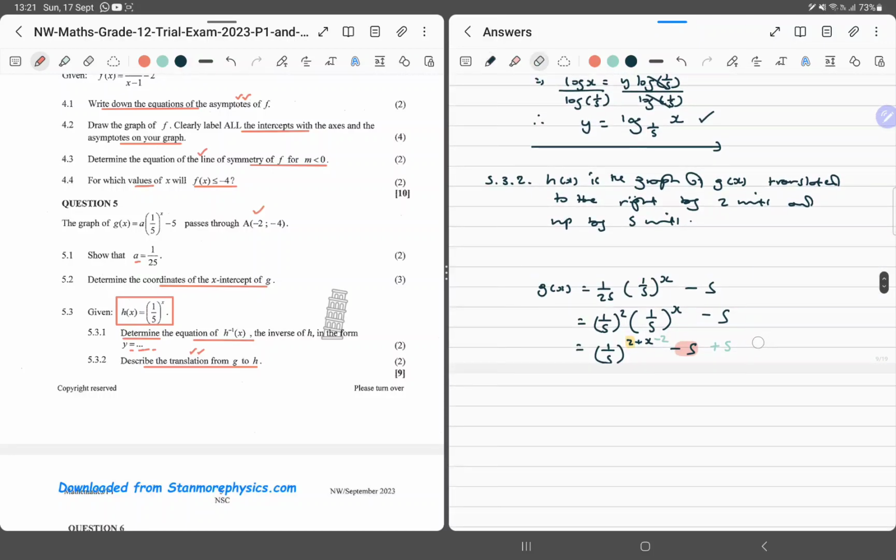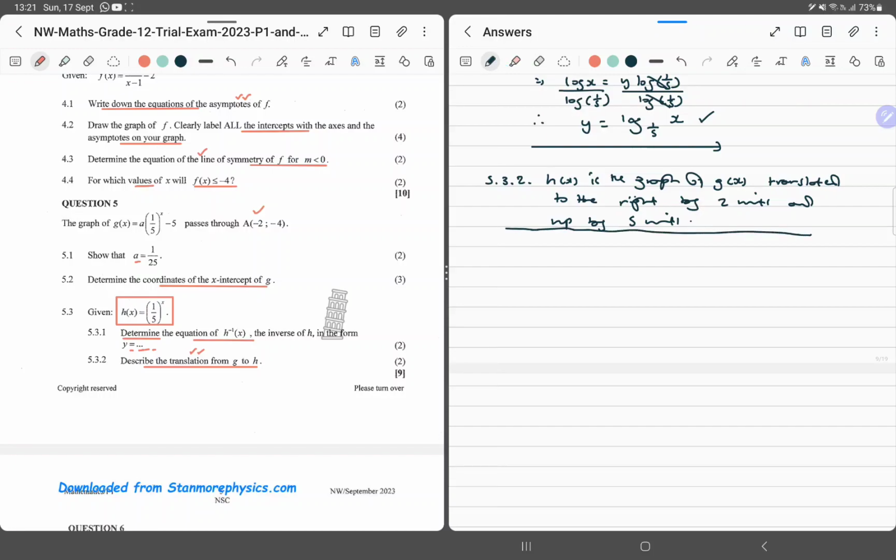Of course, you've got your thought process right there, so you can wrap this off, because this is what helps you determine what happened here. And that's it. So you score your 2 marks there. The 2 units to the right and the 5 units upward is what is important. Again, an easy 9 marks, guys.